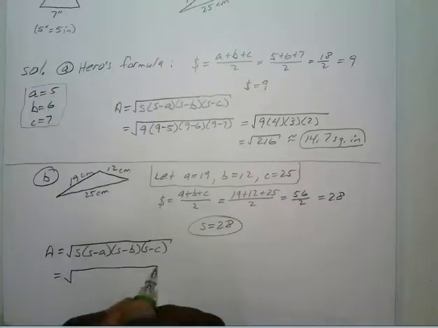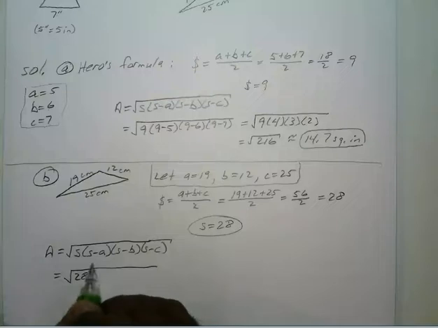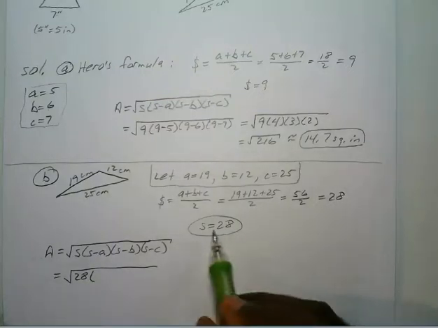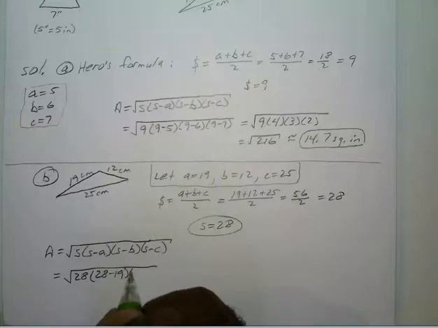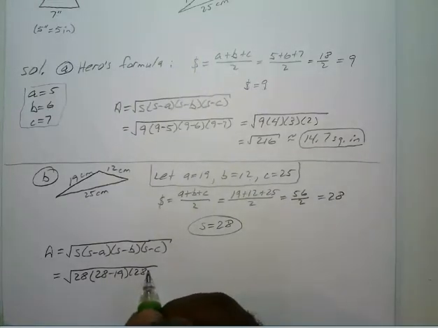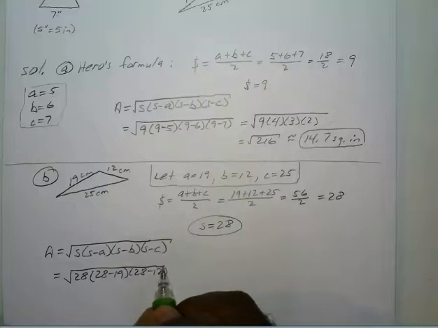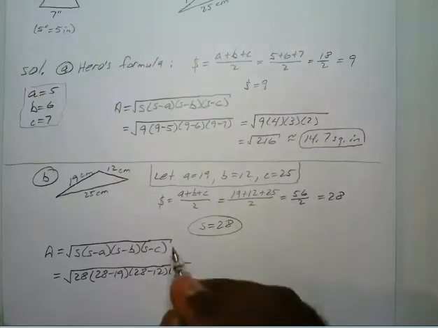We have the square root of S, which is 28, times S minus A, so 28 minus 19, times S minus B, so 28 minus 12, times S minus C, which is 28 minus 25.